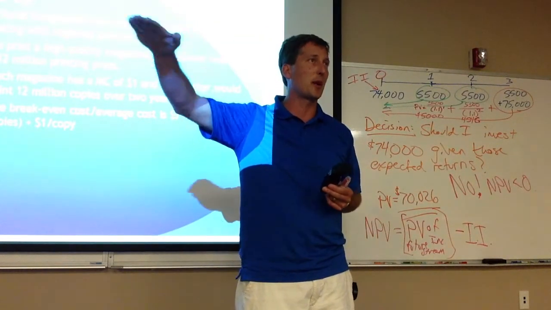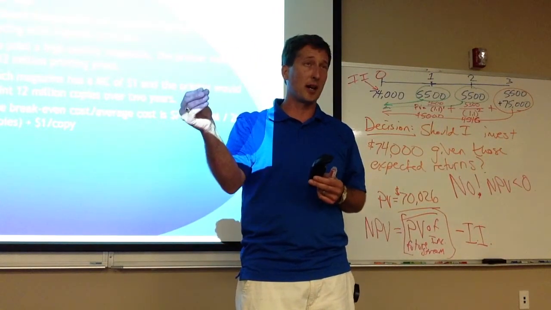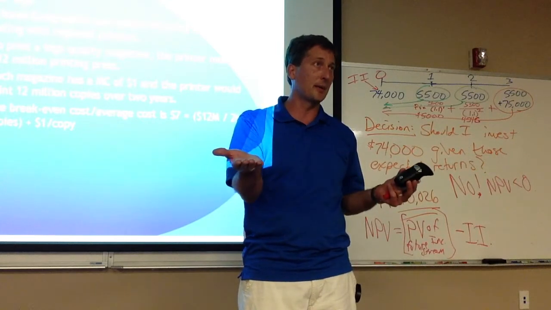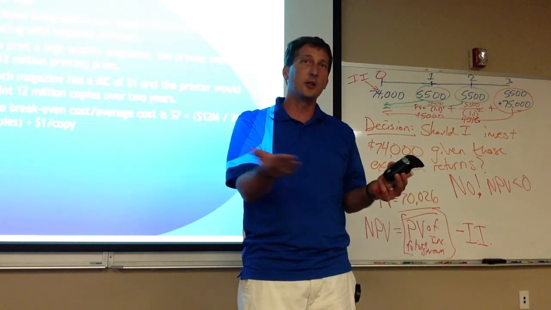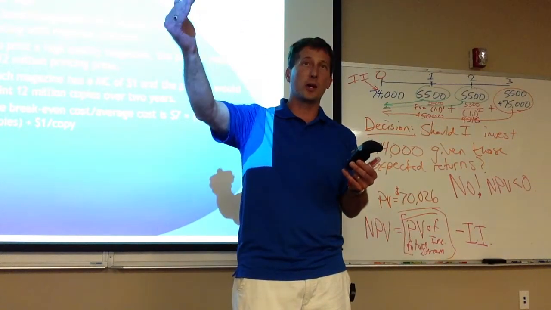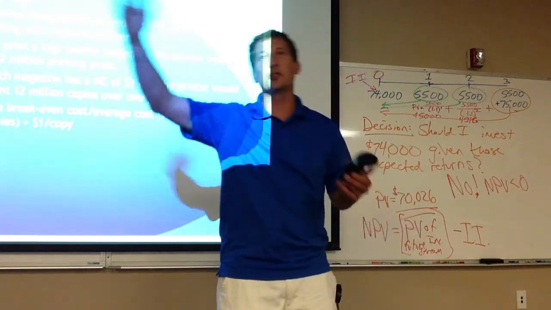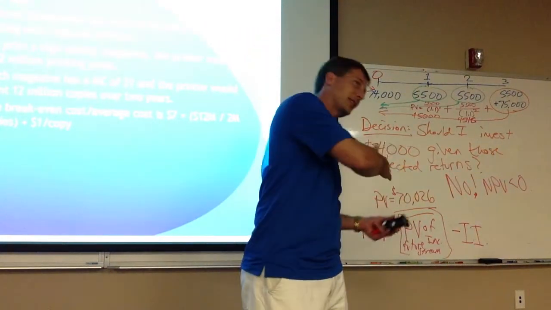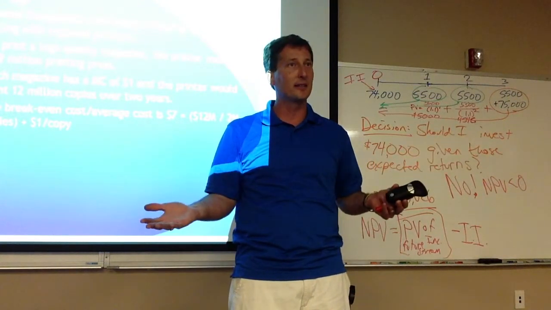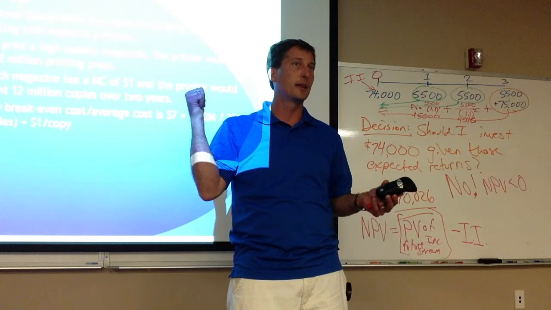We can't have a loss. If we are only covering our variable costs and never chipping away at our fixed costs, you're losing money, right? I mean, that's losses. You might be able to suck it up for the short run, but over the long run, when you have the opportunity to change your trucks, to change your pizza ovens, to change your cookies, to change your everything, and you still can't make money, guess what? You should be doing something else. Right? You get out. So that's the long run decision.